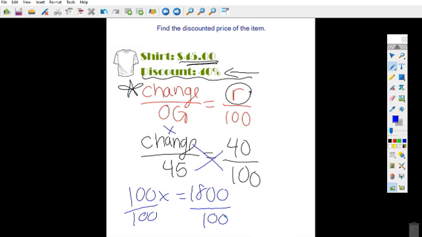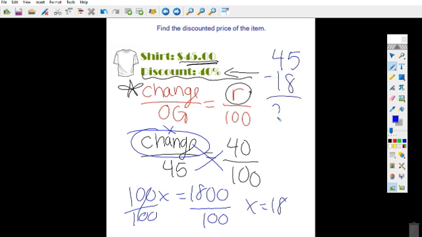Okay, and you should get 27. Oh, wait, no, you should get 18. So sorry. X equals 18. Now, you are not done. Don't put 18 as your answer because 18 was the change. That's the discount. Your discount is 18. You still need to take 45 minus 18. That's when you get $27 as the new price of your shirt.